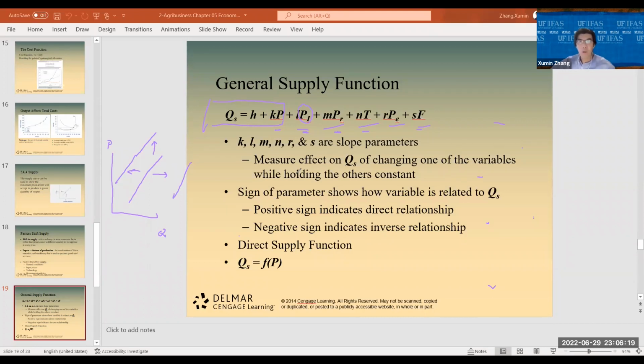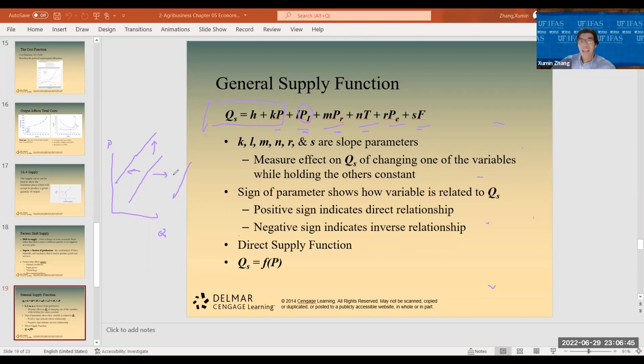Go to the grocery store. You will see since inflation, since the energy price went up, the milk price, meat price, fruit price, whatever price go up, right? Quantity doesn't change, but the selling price goes up. Okay, this is the idea.